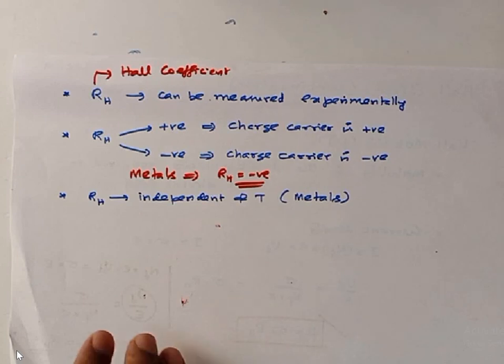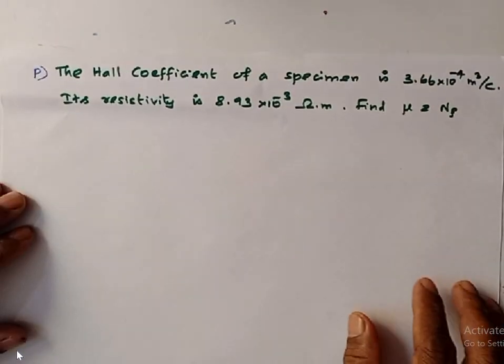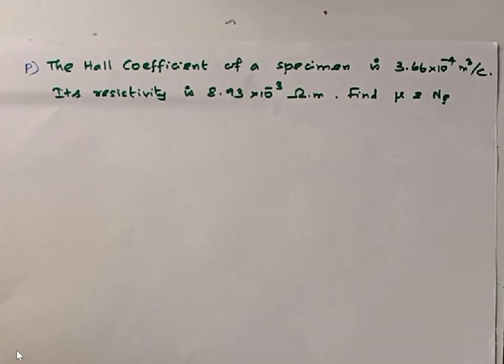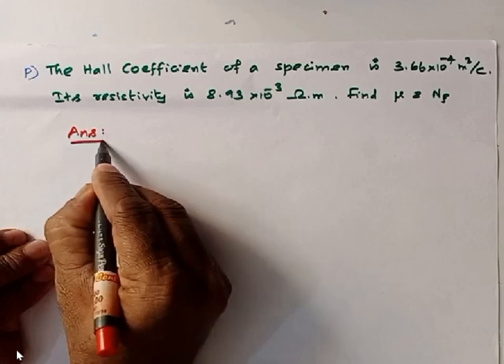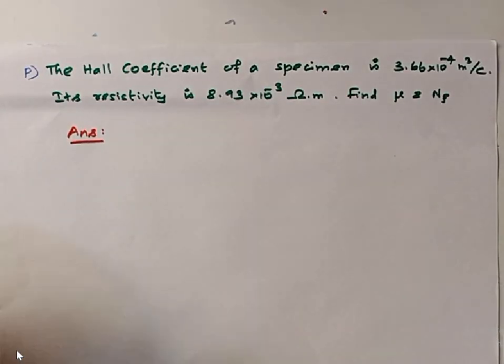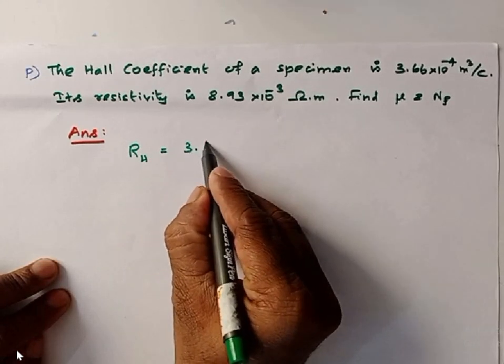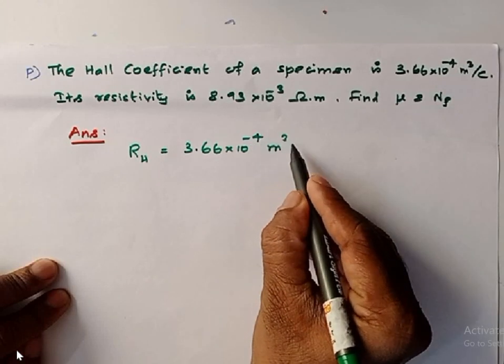Now, before completing this, let me work out a simple problem based on the Hall effect. Just go through the problem. The Hall coefficient of a specimen is given. The Hall coefficient is denoted by the symbol RH, which is equal to 3.66 into 10 to the power minus 4 meter cube per coulomb.